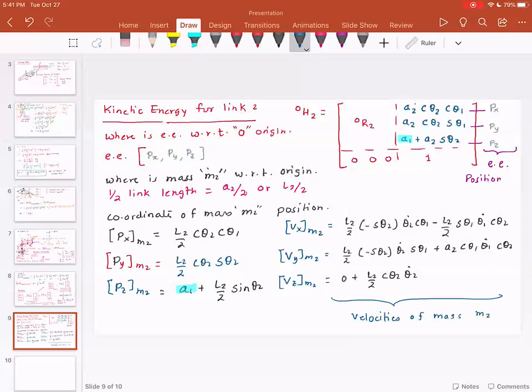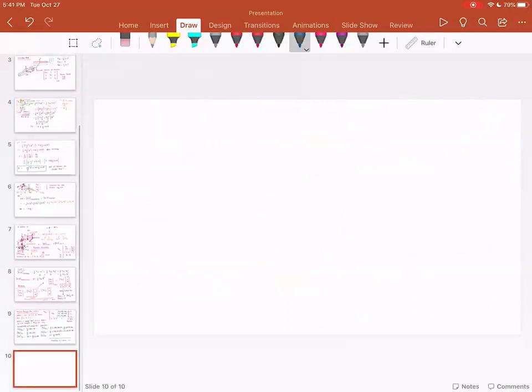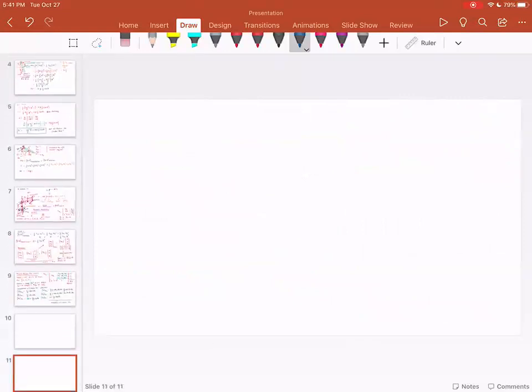M2. Now, with this information, I'm able to find the kinetic energy of mass M2 in translation.